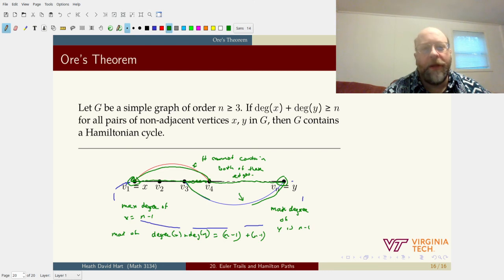But what we're told is that x and y don't connect to each other. And so that's going to take one vertex off of here. It's also going to take one vertex off of here. That is, the edge from x to y is missing. And for every edge along this path, and there are n minus 1 edges along this path, one of these two edges, either the edge to x or the edge to y, is missing.